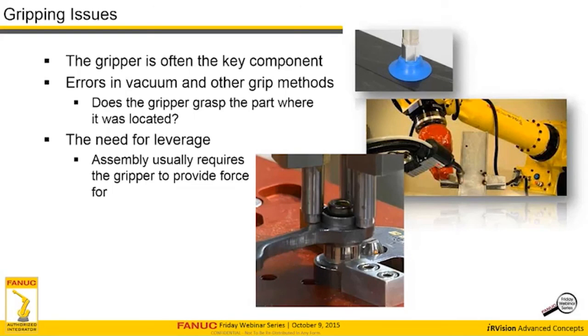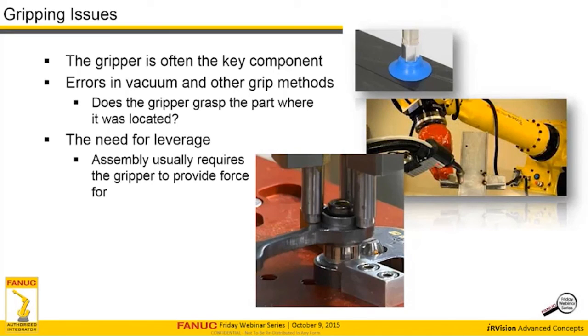But what really does happen is that as a vacuum gripper approaches a small and somewhat light object, by the mere act of turning on the vacuum and gripping that object, it changes the target location of the object from what the vision system provided to a different location.